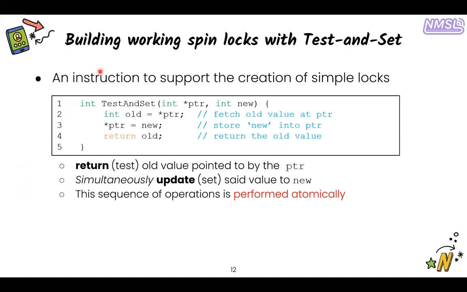Basically, you get the pointer and fetch the old value at the pointer. Now, the new value goes into the pointer and then you return old. So what it does is first you return or test the old value pointed to by the pointer.